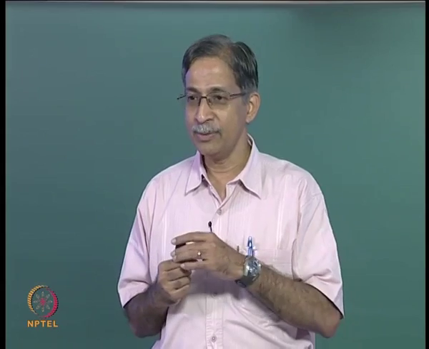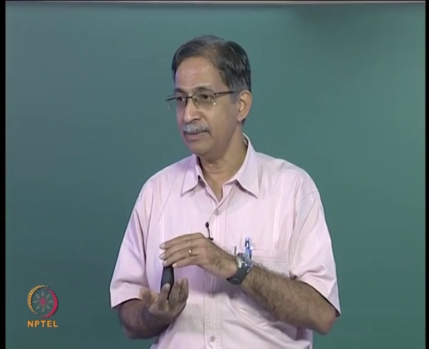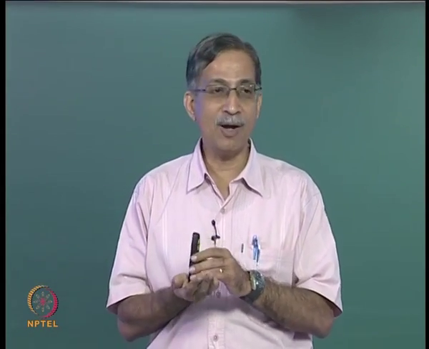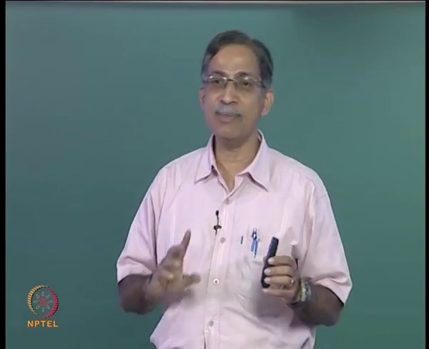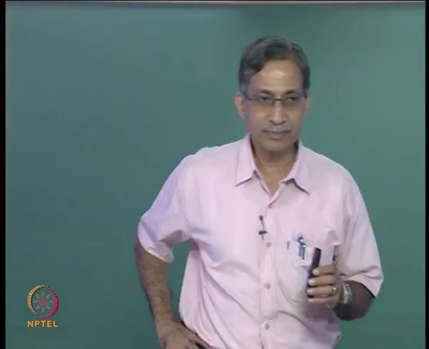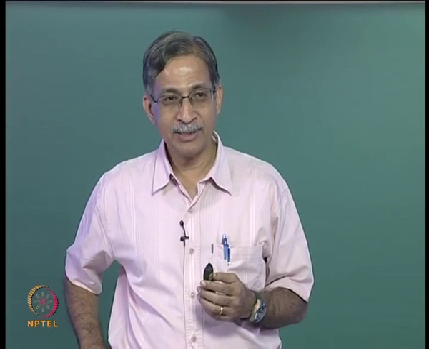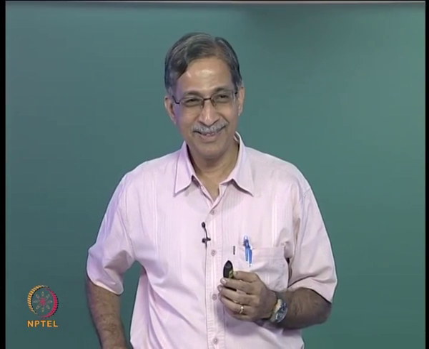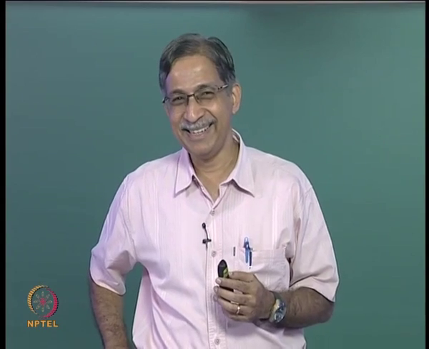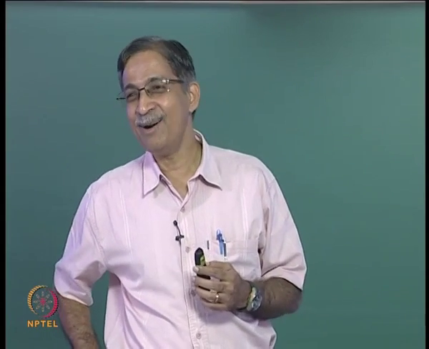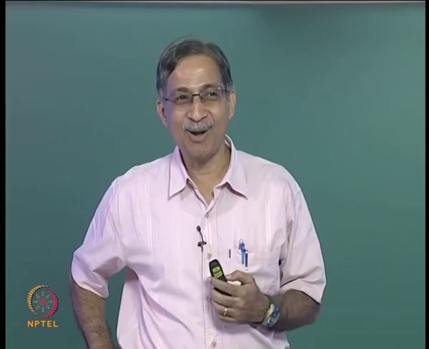So we use the word braced when a braced column. How do you distinguish between a braced column and an unbraced column? Yes, Ashish? How do you distinguish between a braced column and an unbraced column?